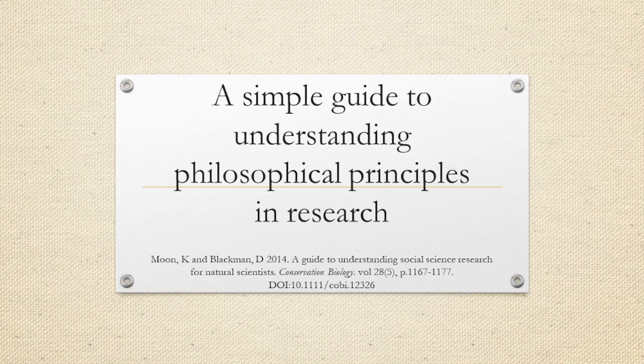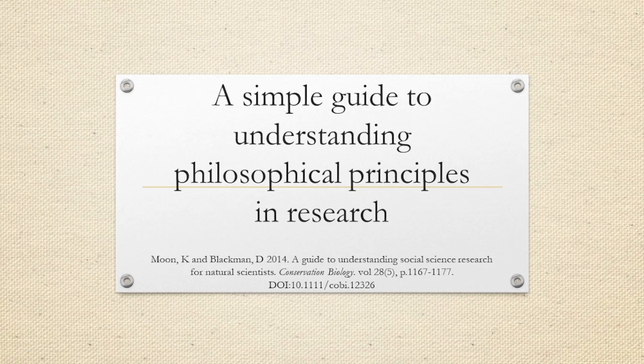There are so many different resources out there that explain these philosophical principles that I'm about to explain. However, I found the following article by Moon and Blackman to be the best, really, to explain these basic principles.